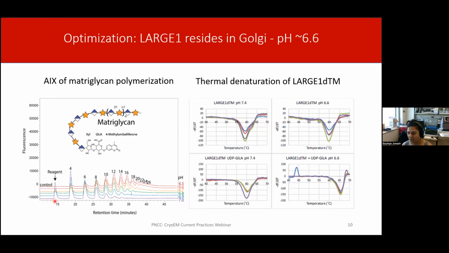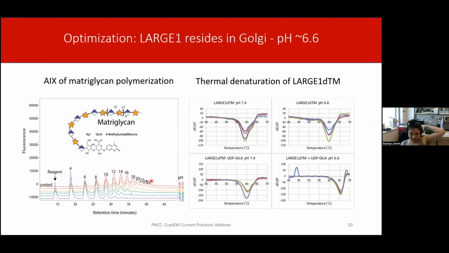What you see here in this first peak is the reagent, and then each of these peaks corresponds to one set of xylose and glucuronic acid added to the fluorescent substrate. You can see at pH 7, the chain only extends to 14 sugar units, but at pH 6.5, it extends to 26 sugar units.